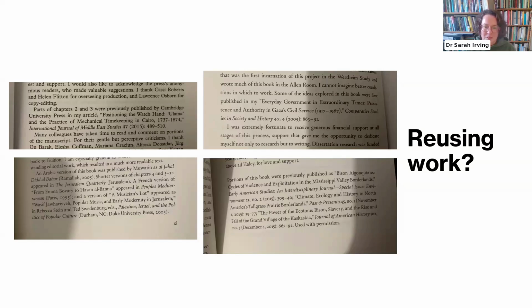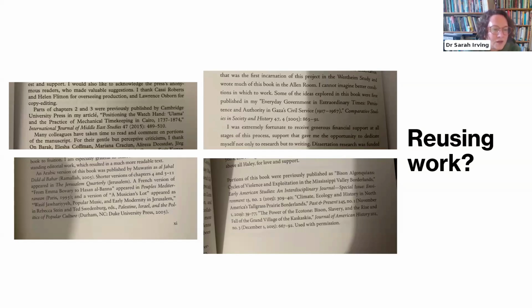One of them is an environmental history book about North America's tallgrass prairie borderlands, which is much more interesting than it might sound. And as you can see, all of these acknowledgement sections mention that they have published parts of chapters, that some of their chapters are almost based around articles they had previously written. Sometimes they have even included translations of articles that they have published elsewhere.